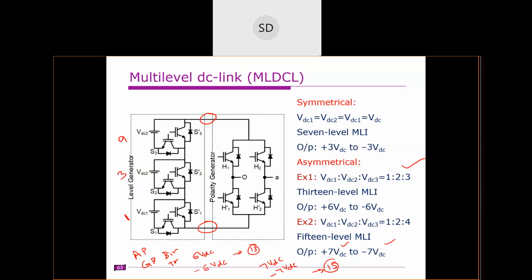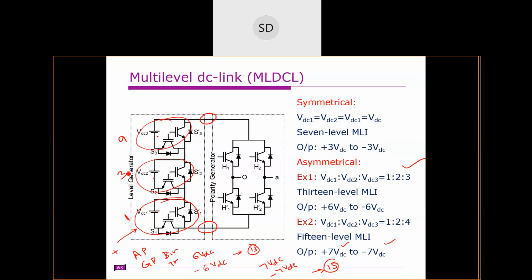Whenever a trinary ratio is supported, each basic unit, this one, this another unit, and this another unit, must produce both positive voltage and negative voltage. Then only we can add and subtract, right? Here only addition is possible, but no subtraction. We can combine this output and this output, but we cannot differentiate the voltages. If you are not differentiating the voltages, it will not work with trinary voltage ratios.